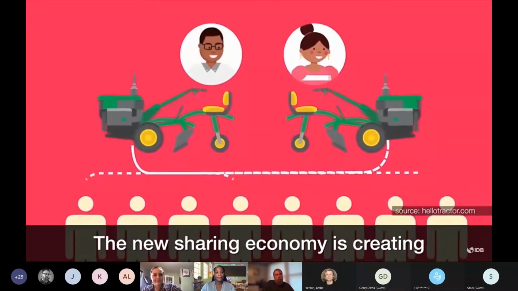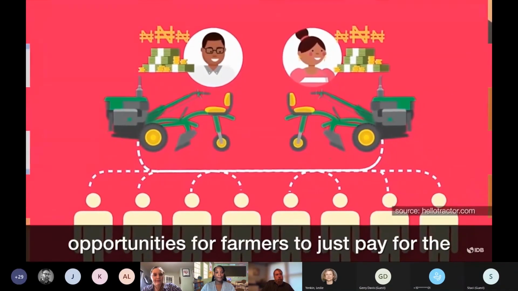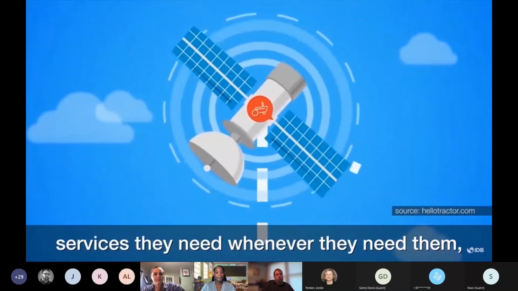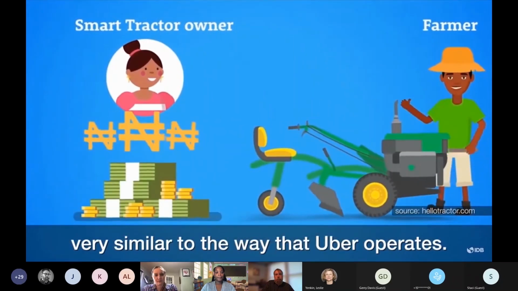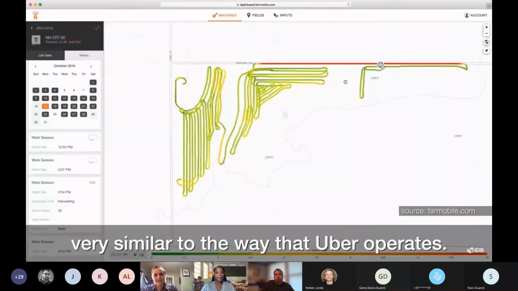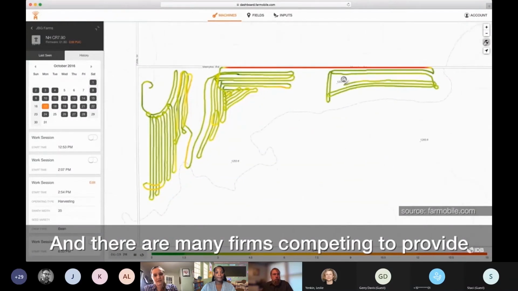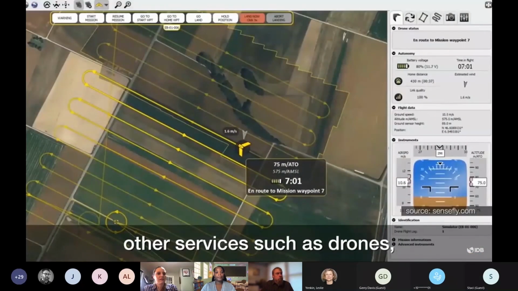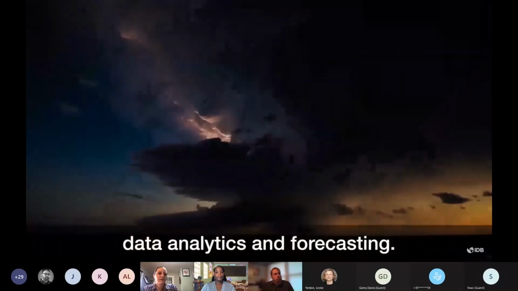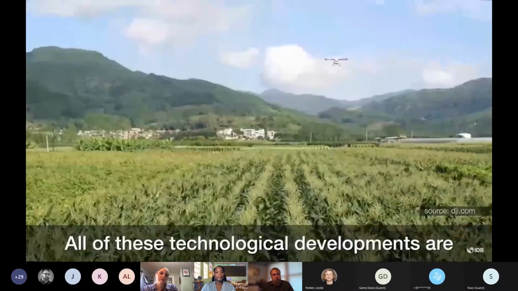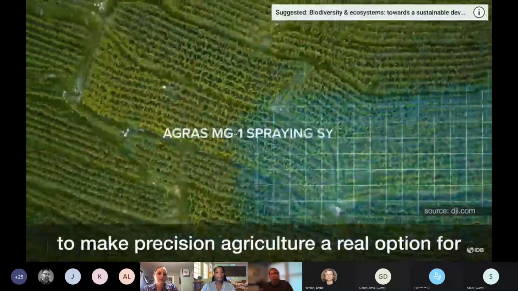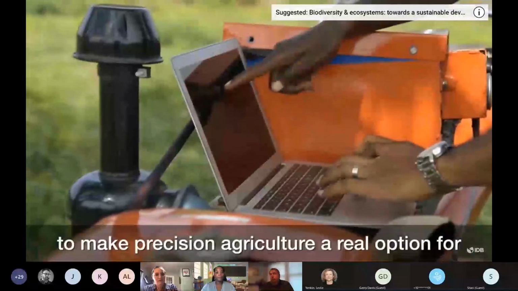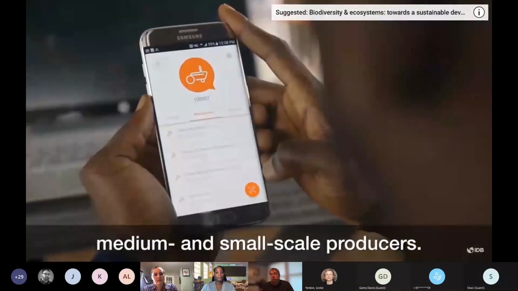The new sharing economy is creating opportunities for farmers to just pay for the services they need, whenever they need them, very similar to the way that Uber operates. And there are many firms competing to provide other services such as drones, data analytics, and forecasting. All of these technological developments are pieces of a puzzle that needs to be put together to make precision agriculture a real option for medium and small-scale producers.